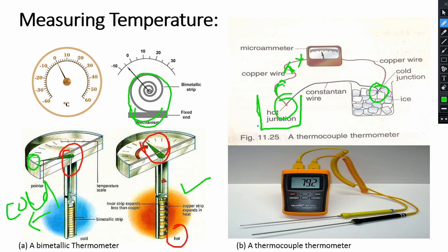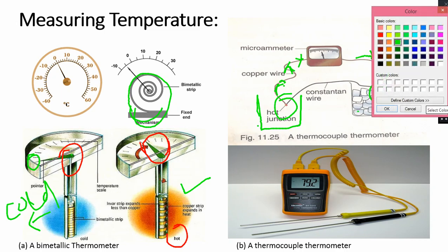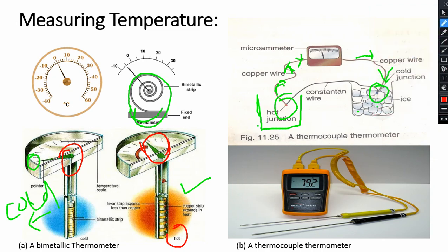They will move toward this meter and then come to this cold water. As a result, this ice will become electronegative. The negative charge will increase here and the positive charge will increase here.